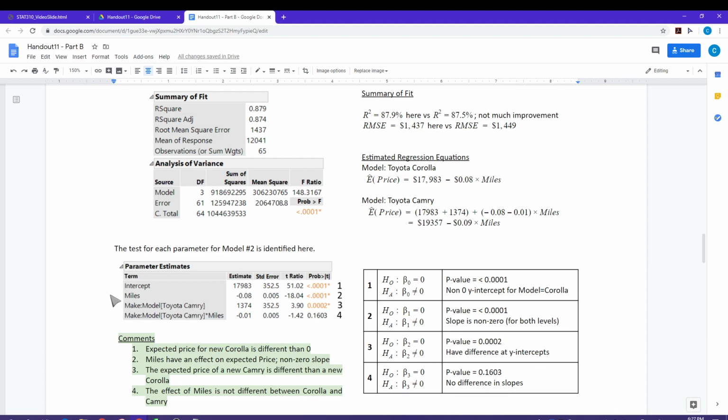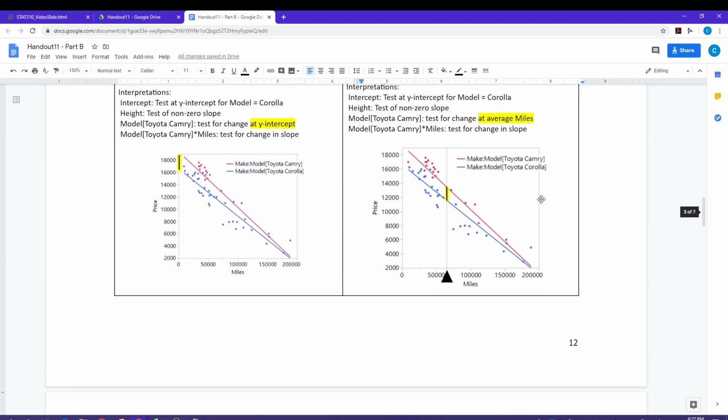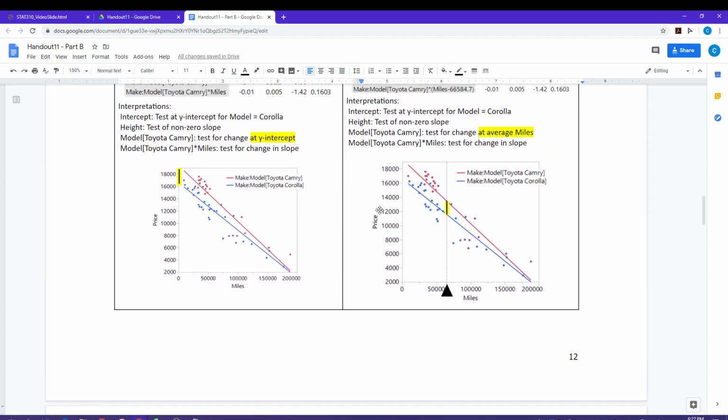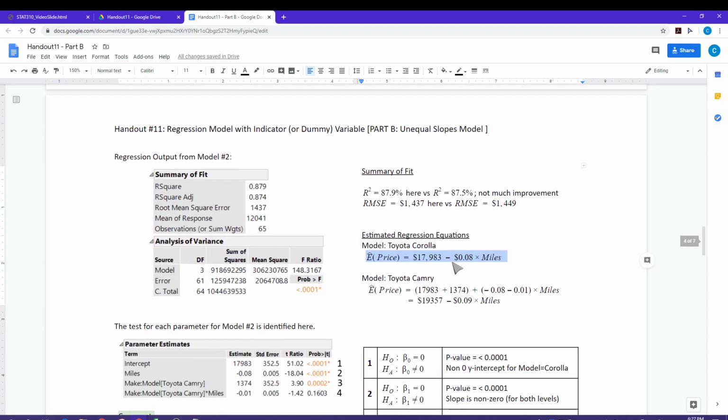So this intercept and miles is for the Corolla. So I can just pull off the 17,983 and the minus 0.08, and that's going to be the equation of the blue line. So if we go back up here and look, the equation of the blue line is given by 17,983 minus 8 cents a mile.